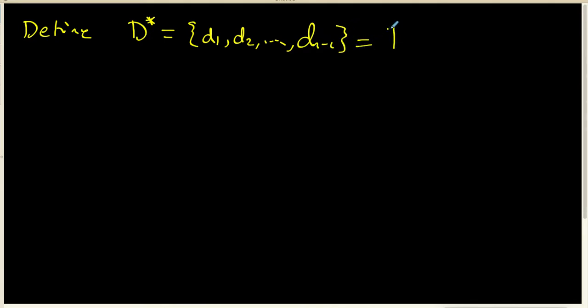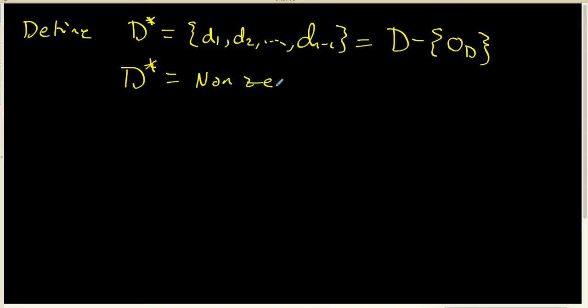In other words, this is D take away the 0. So D star is the non-zero elements of D. And that's really just a standard piece of notation in ring theory: when you stick a star on top of a name, you throw away 0.